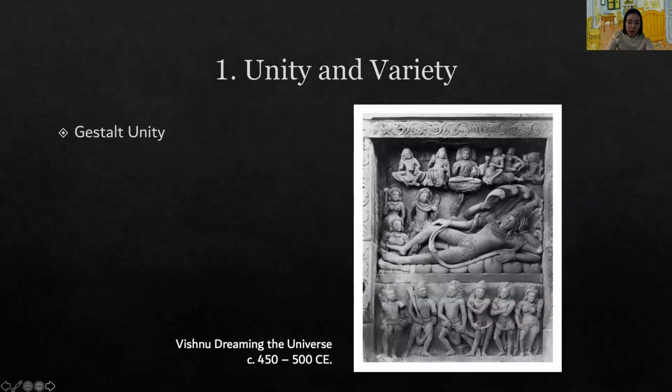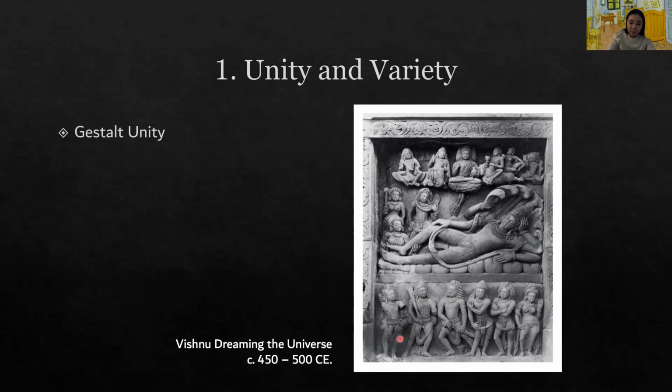And the last unity is Gestalt unity. Gestalt, a German word for form or shape, refers to a work of art in which the whole seems greater than the sum of its parts.